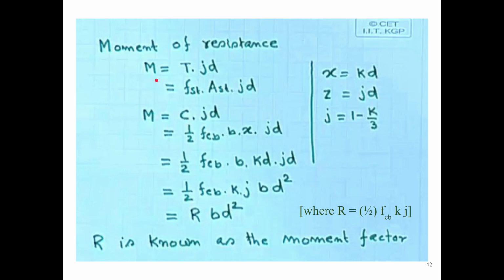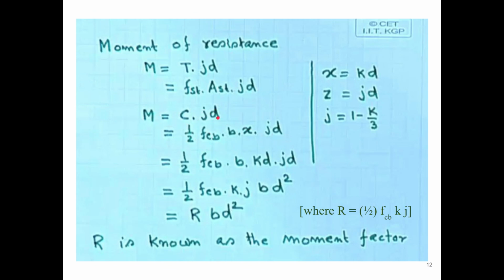If we find it in terms of reinforcement, it is M equal to T into jd. jd is basically the lever arm, as we discussed just now. T is basically fst into Ast, as you can see here. So it is fst Ast into jd, and M is basically C into jd.